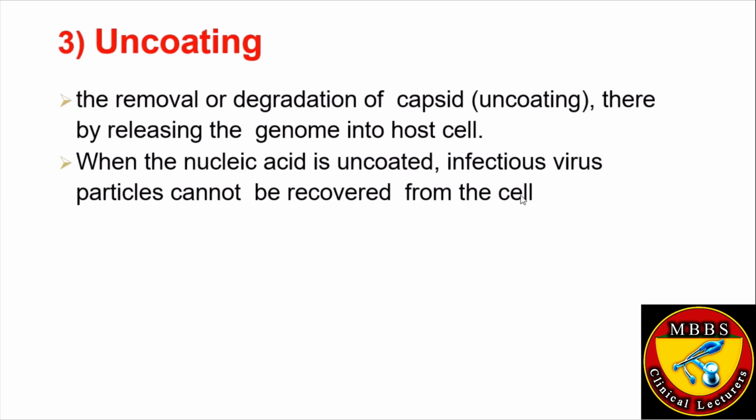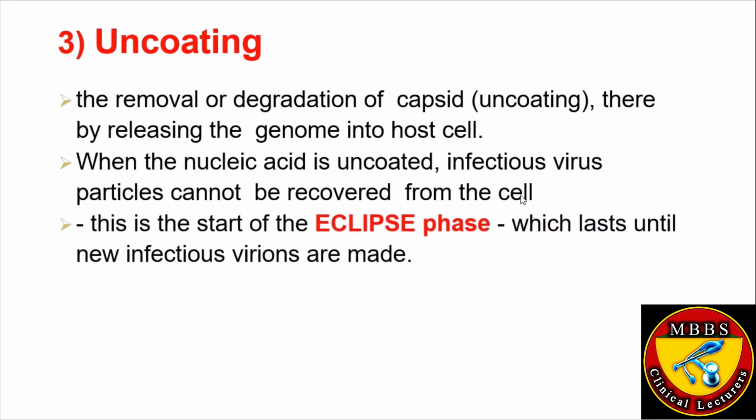That's why this is the start of the eclipse phase, which lasts until new infectious virus appears. When uncoating occurs, the eclipse phase starts, during which the virion or particle becomes non-infectious, and this phase is called the eclipse phase.